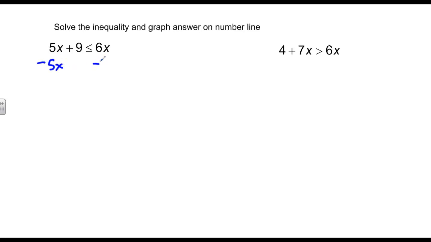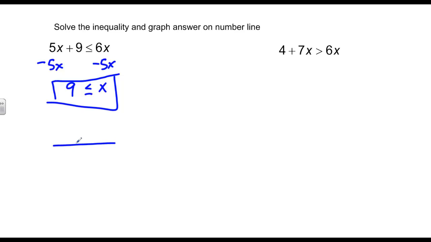That way I have 6x minus 5x is equal to x, which is greater than or equal to 9. There's my solution. If I want to graph that, here's my 9. It's included, so I fill in a circle, and greater than 9 moves to the right.